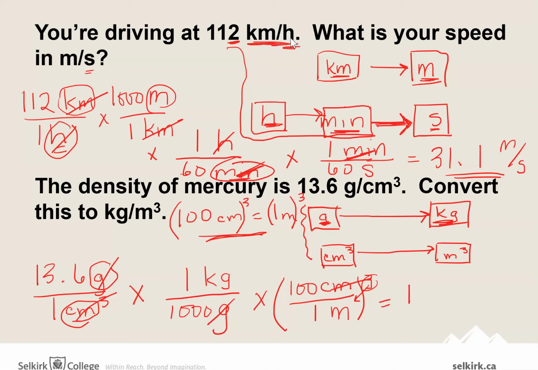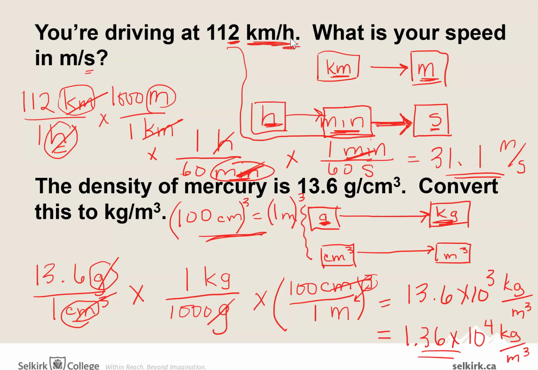Or in other words, 13.6 times 10 to the 3 kilograms per cubic meter, which is exponential notation, but to make it scientific notation, the decimal should be after the first number. 1.36 times 10 to the 4th kilograms per cubic meter.